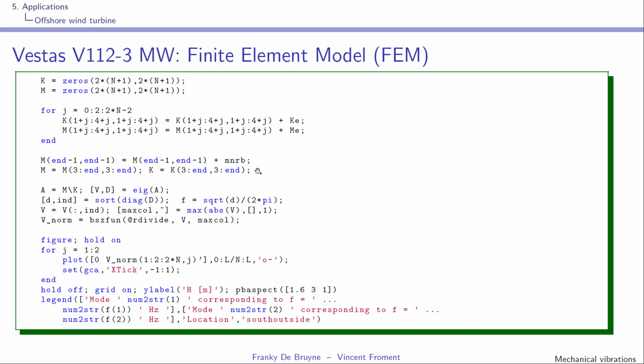This is what I had done in the previous slide that was shown with those red lines. So we have to take out the 2 first lines and the 2 first columns in M and K. Once you have done these operations, you have M and K, and then you can do, well, the standard operations to compute the eigenfrequencies and the modal shapes.